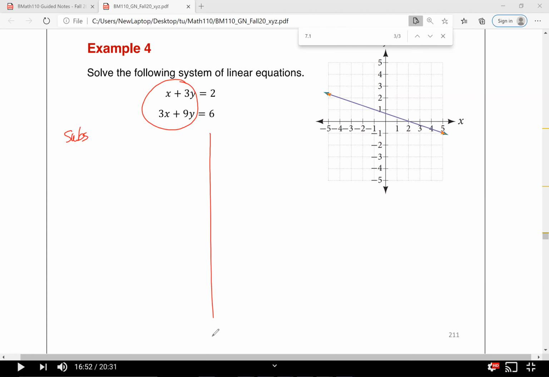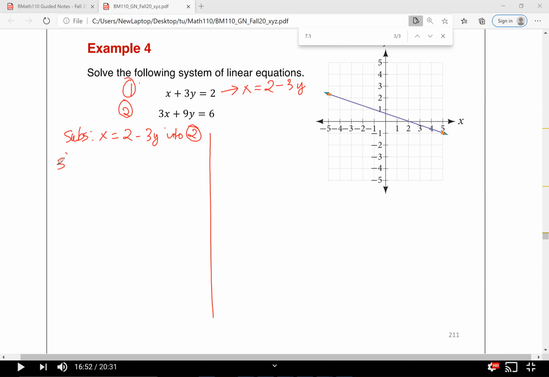Maybe I'm going to have two boxes here. For substitution, firstly, you need to isolate one of them. So here's number 1, here's number 2, and you will isolate x, so x equal to 2 minus 3y easily. So you're going to substitute x equal to 2 minus 3y into the number 2 equation.